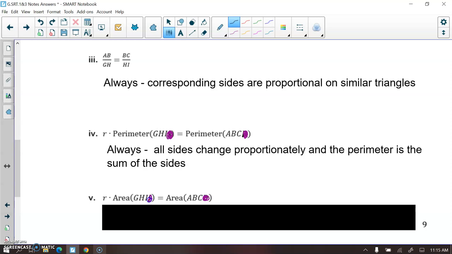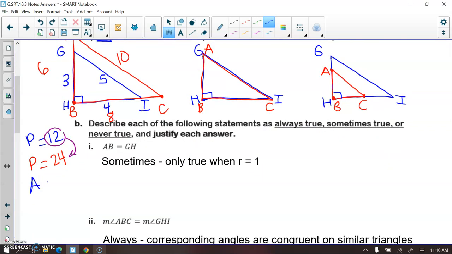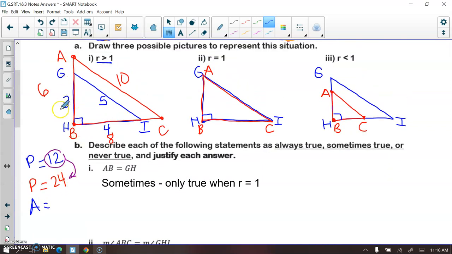Let's talk about area. If I take the area of triangle GHI times the scale factor, does it equal the area of triangle ABC? Well, I didn't mark that these were all right angles here, but I did mention that I wanted to make these right triangles. So to do the area of a right triangle, you do 1/2 your 2 legs times each other. So the area of triangle GHI here would be 1/2 times 3 times 4. So that would be 6.